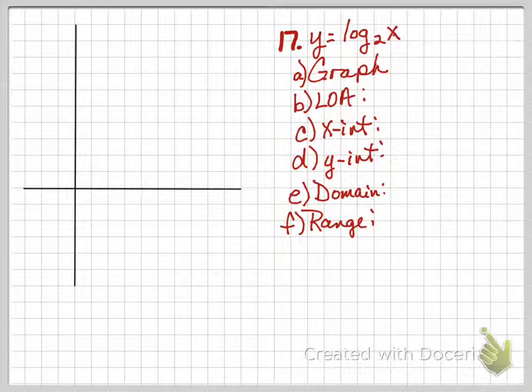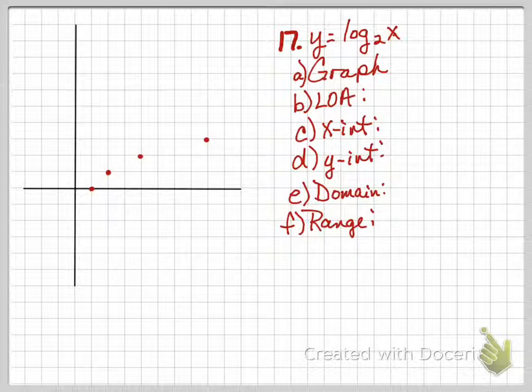So, base 2 to the 0 power is 1. 2 to the first power is 2. 2 to the second power is 4. 2 to the third power is 8.